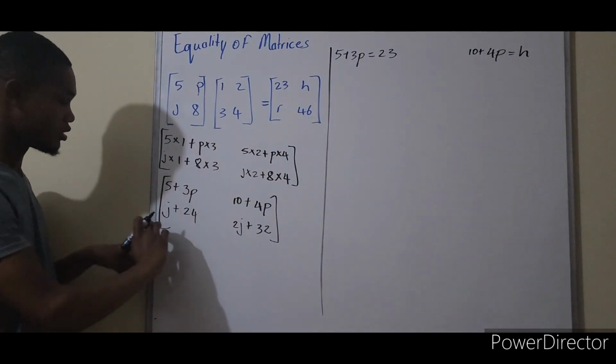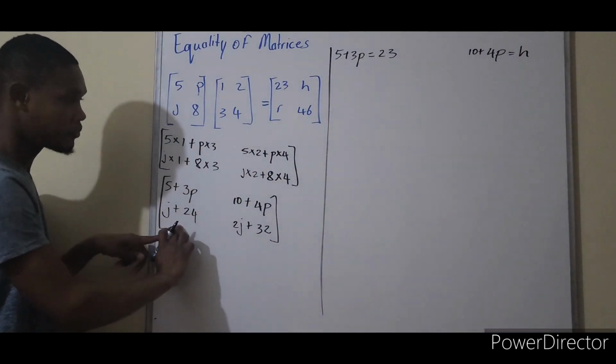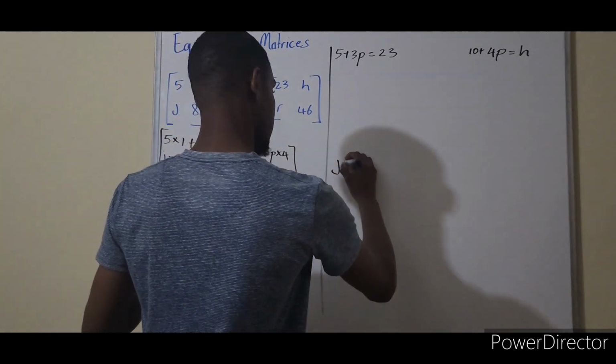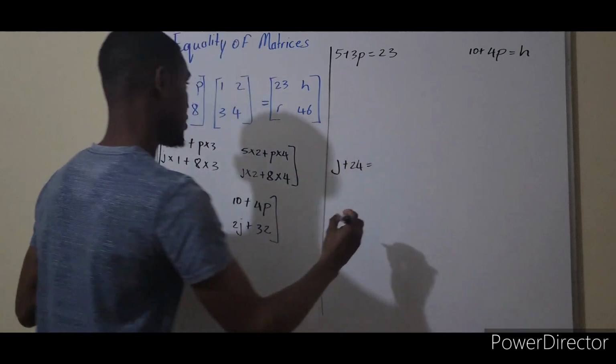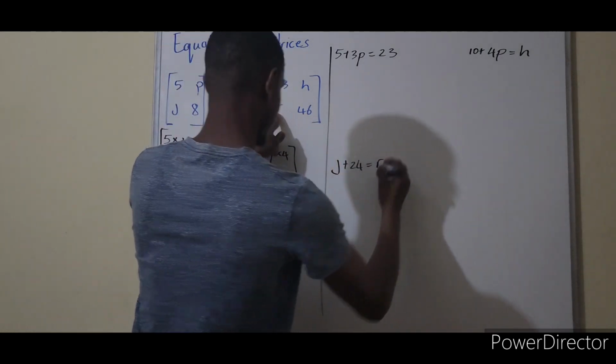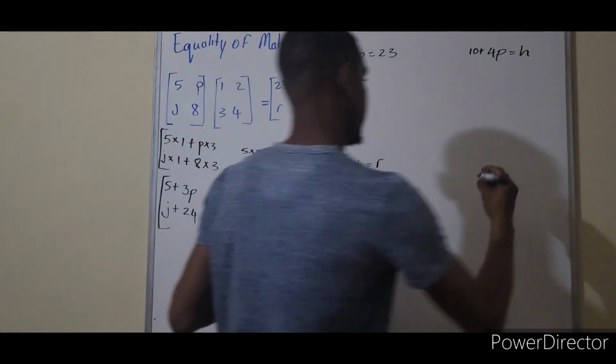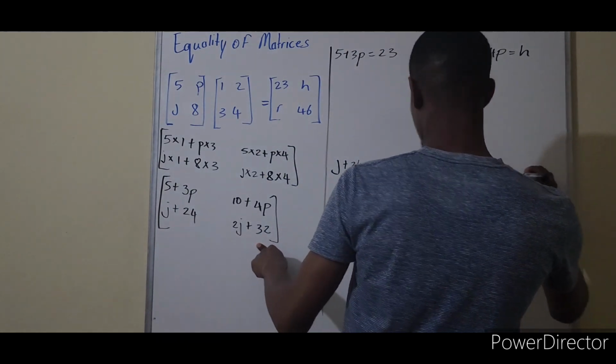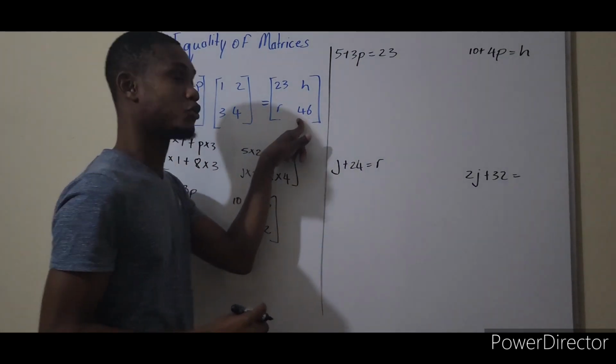By now you must get the concept that the second here will match the second here. So that would be j plus 24 is equal to r. And then this will be 2j plus 32, and that will be equal to 46.